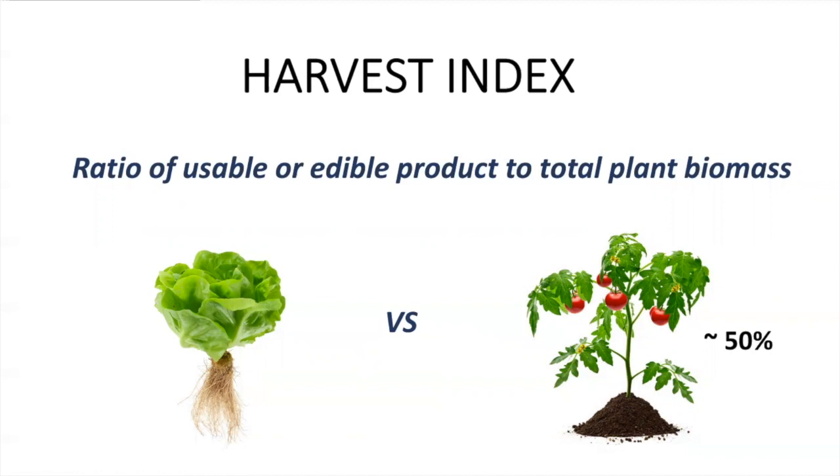This can be a good number for tomatoes, cucumbers, but for leafy greens, it is a little bit different. In lettuce, we have a higher harvest index because we consume almost the whole plant. This information is important when trying to relate light, yield, and cost in an indoor system.